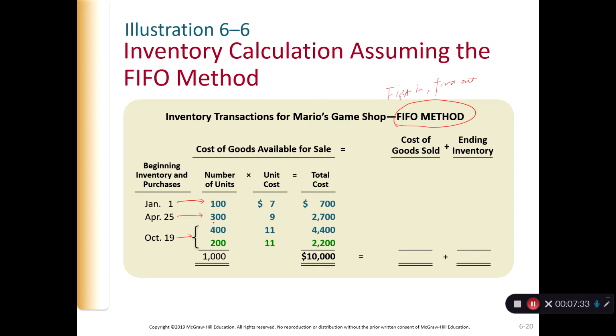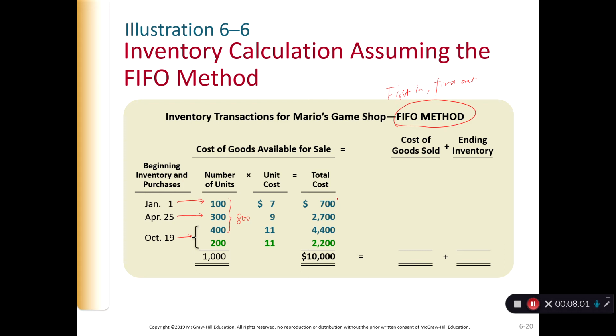And then because I'm trying to sell 800 units here, after I use this 100 to give to a customer, the next thing I need to take out is these 300 units at $9, right? And then the last one to fulfill the order of 800 is the 400 coming from the latest order, which is $11 each.